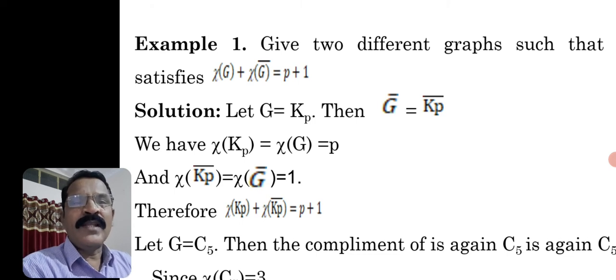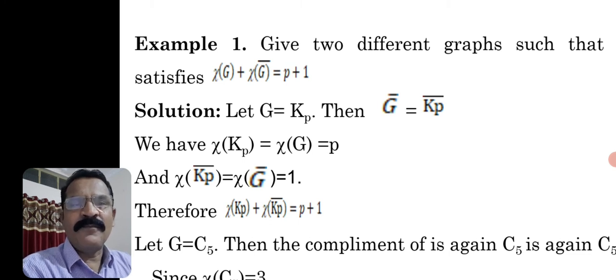Okay. And what is the chromatic number of its complement? When it is a complete graph, every pair of its vertices are adjacent. Its complement is a totally disconnected graph with p vertices, which means no two of its vertices are adjacent, so only one color is sufficient to color all the p vertices.